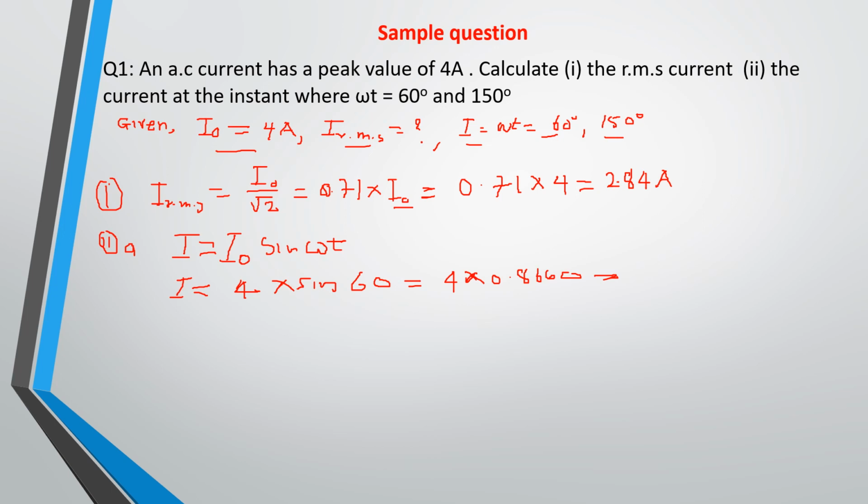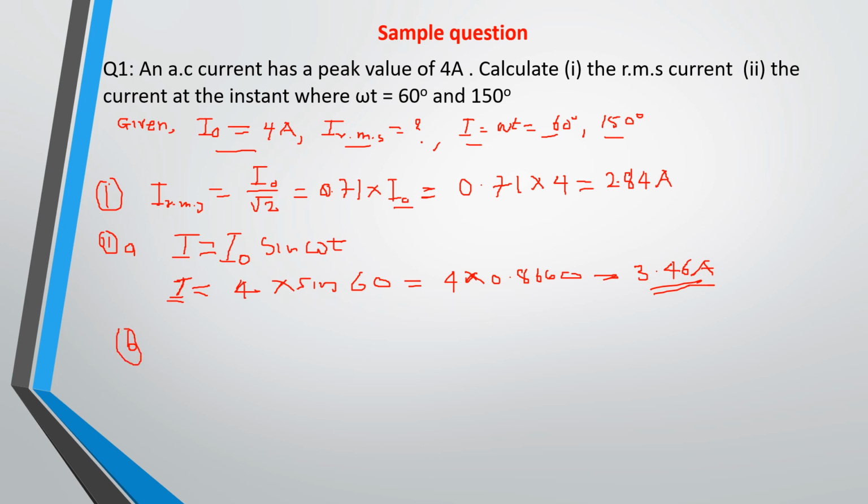If you calculate that one, you have 3.46. So in this particular instance, when the phase angle is equal to 60 degrees, your instantaneous current is equal to this.